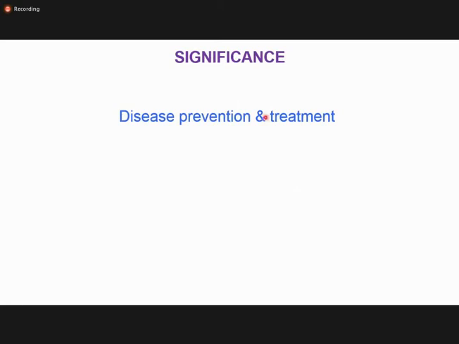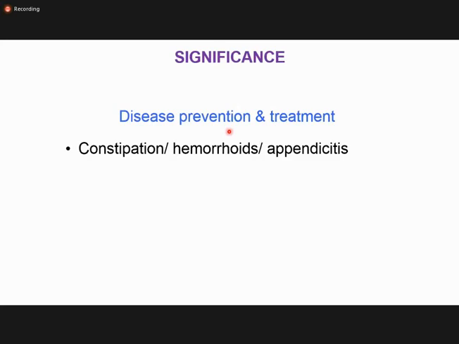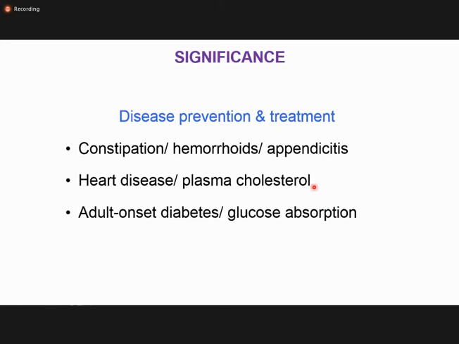The significance of fibers is disease prevention and treatment. It can prevent constipation, hemorrhoids, and appendicitis. It can prevent severe diseases like heart disease and myocardial infarction by lowering the cholesterol level, because it binds with the free cholesterol present in the diet and decreases its absorption in the gut.